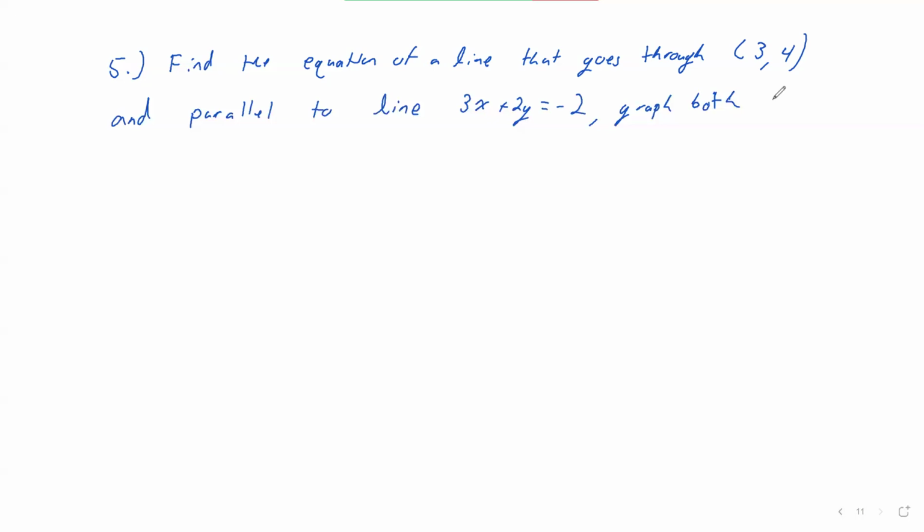All right, so a couple things to note here. First thing I need to do, if I'm graphing both of these, is put this in slope-intercept form so I can identify my slope and y-intercept. So a review of what we've done so far. What do I do first with 3x plus 2y equal to -2 to get it into y equals mx plus b?